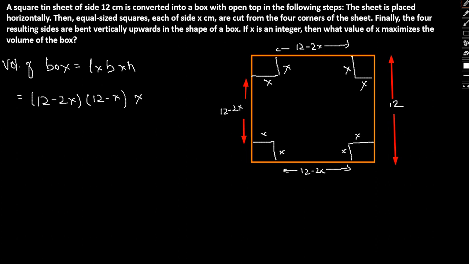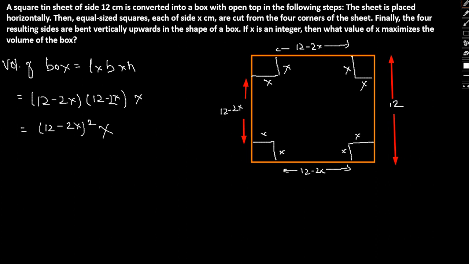So the volume can be written as (12 minus twice x) whole squared into x. Now, x is an integer, so let us take different values of x.